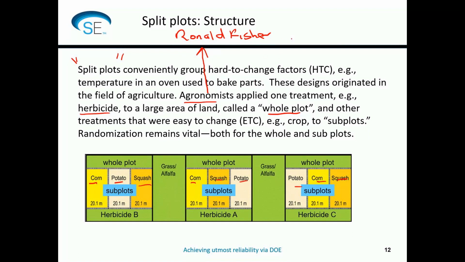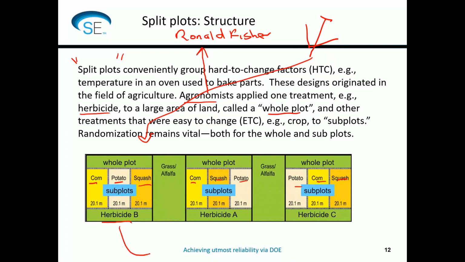Now imagine an airplane. My drawing abilities are very poor. But this airplane is coming down, and on the airplane is a tank, and it's got various herbicides associated that we can spray. And so the first time the pilot comes over at random, chooses herbicide B. Because of the way it's sprayed, you've got to spray it over the whole plot and encompass all three subplots.